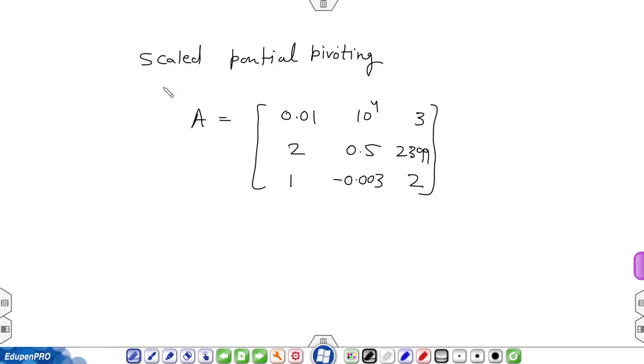With the help of scaling we can convert all the elements of the matrix A into values between 0 and 1, and after that we apply the Gauss elimination method with partial pivoting. If we apply Gauss elimination with partial pivoting on a scaled matrix, it is called scaled partial pivoting. Let's discuss how to proceed with the method.